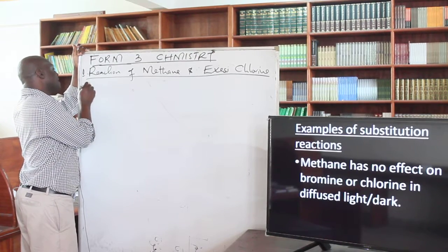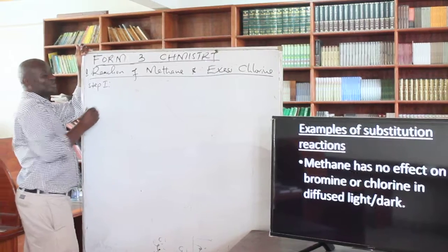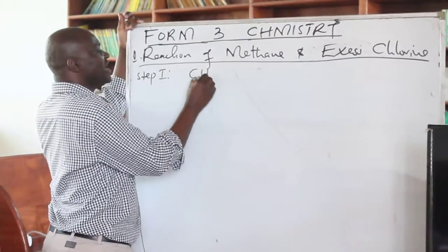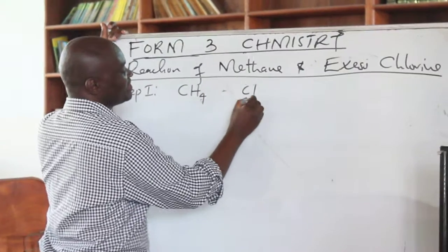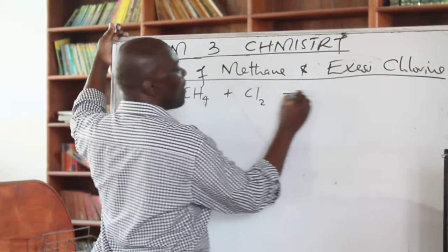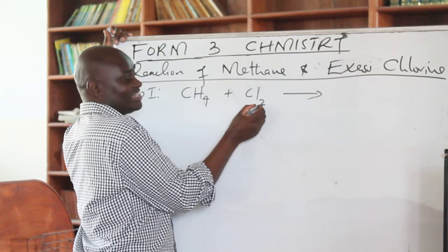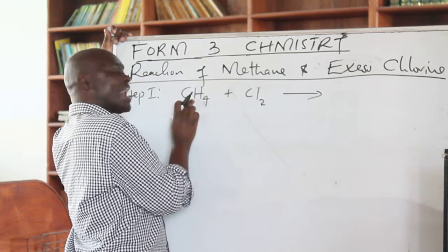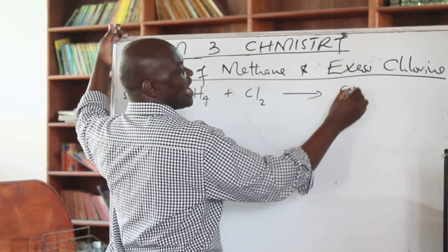So in step one, we'll have methane reacting with chlorine to form, now one chlorine will come here and substitute one hydrogen.